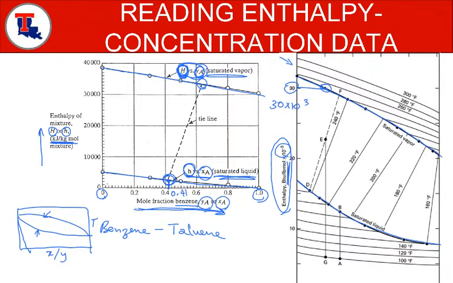If we know that the composition of the liquid is 0.41 in terms of benzene, then we project it to the saturated liquid line. Then we follow the tie line, and wherever the tie line intersects the saturated vapor curve, we read the y-axis, and hence your y is going to be 0.62.